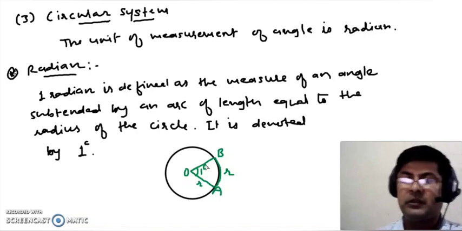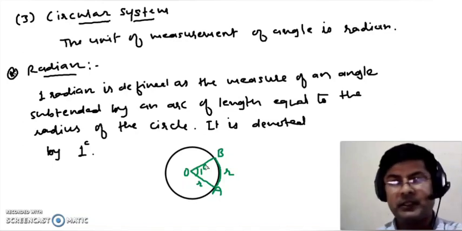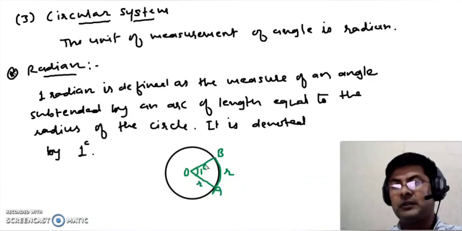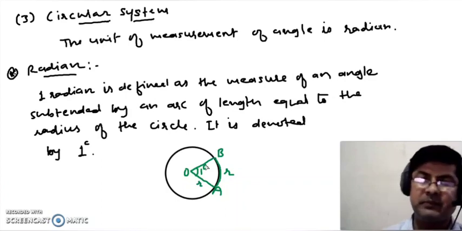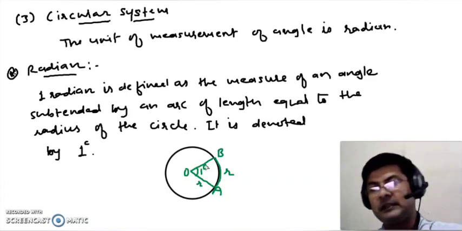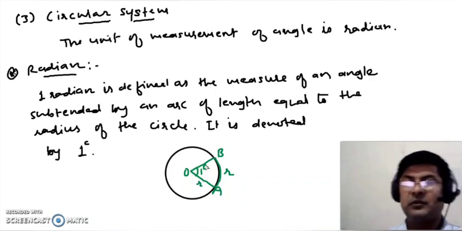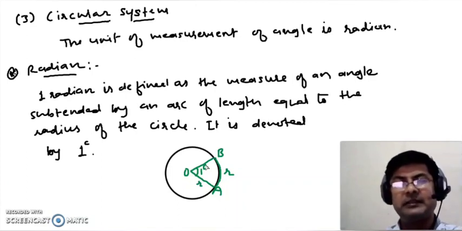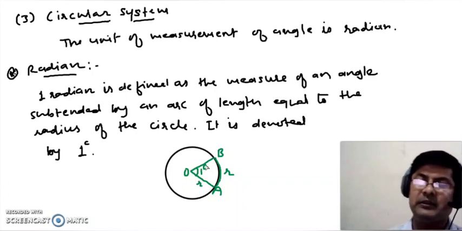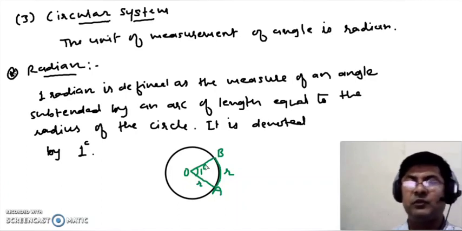Okay, now there are certain theorems which show the relationship between radian and degree measures. Okay, then radian is a constant angle. That theorem we are going to see.